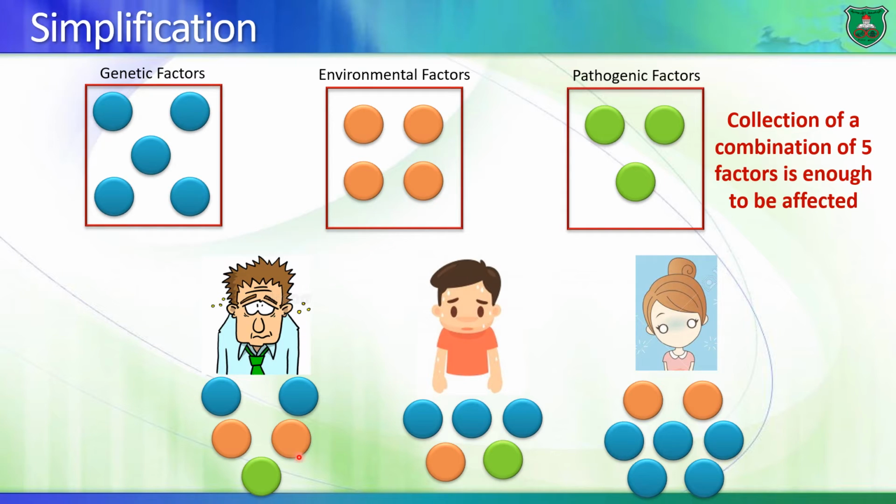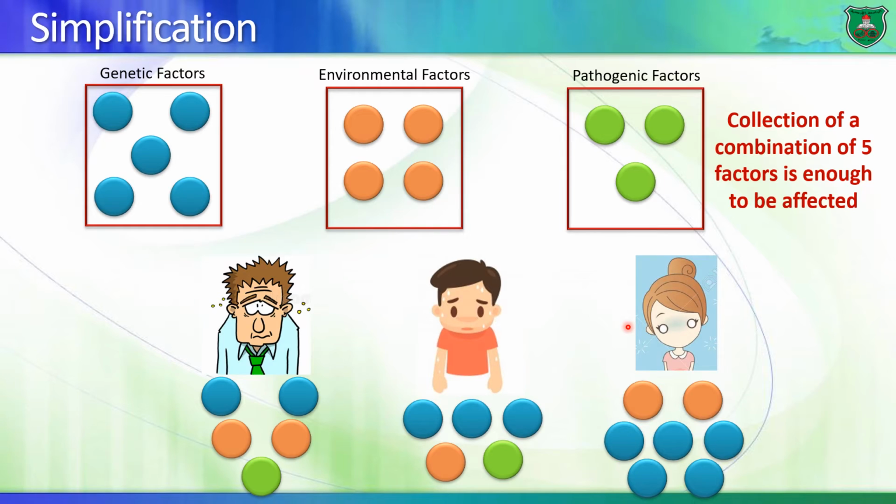The combination of all 5 would cause this person to develop the disease. This boy has a different combination: 3 genetic factors, 1 pathogenic factor, and 1 environmental factor, a total of 5, and that's why he would develop the condition.